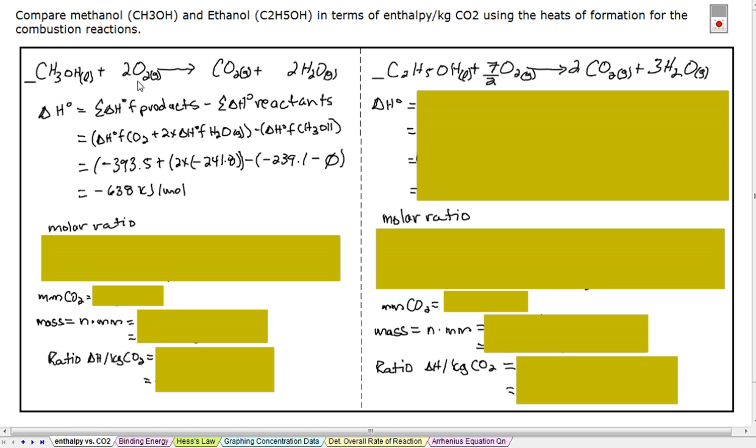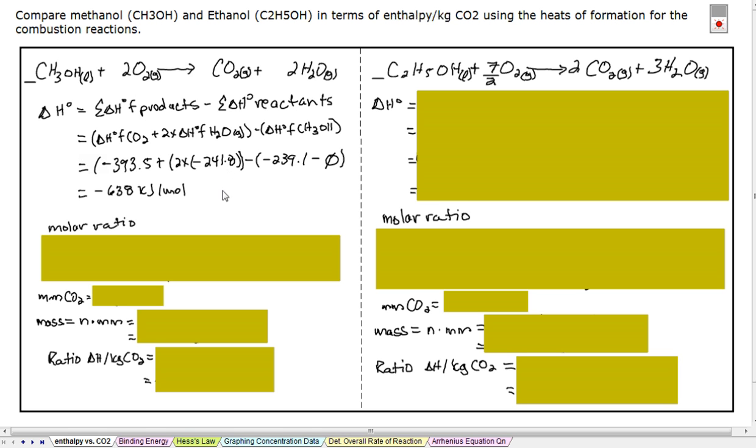Really important to remember, there's no value for heat of formation of elements if they're in their normal state at standard temperature. So oxygen at standard temperature, 25 degrees Celsius or 298 Kelvin, is a gas. There are some exceptions to this. A diamond actually does have a heat of formation, but graphite does not when it comes to carbon.